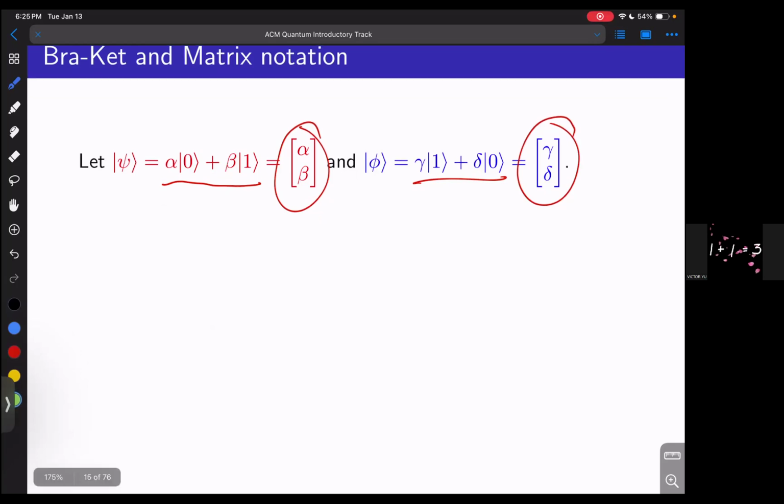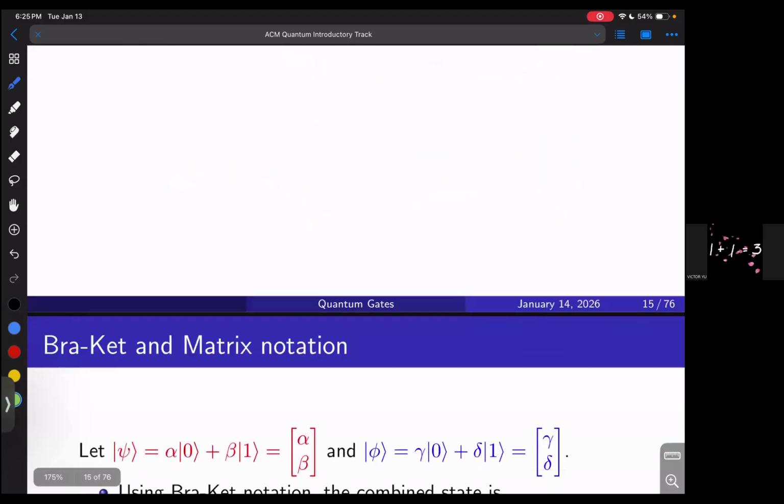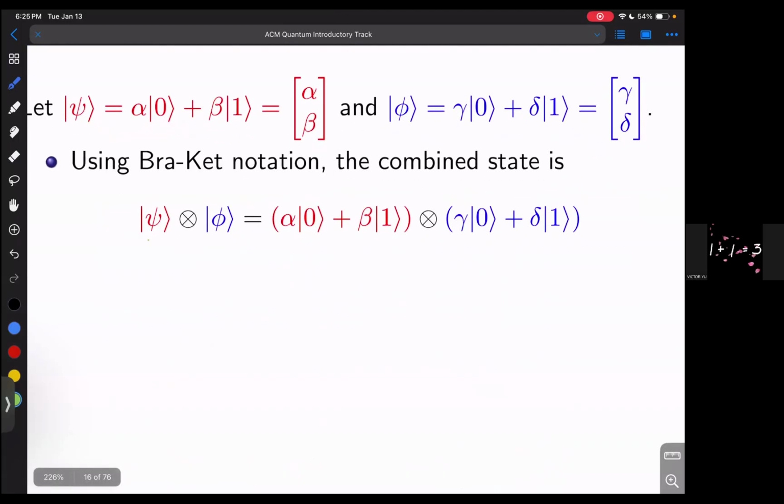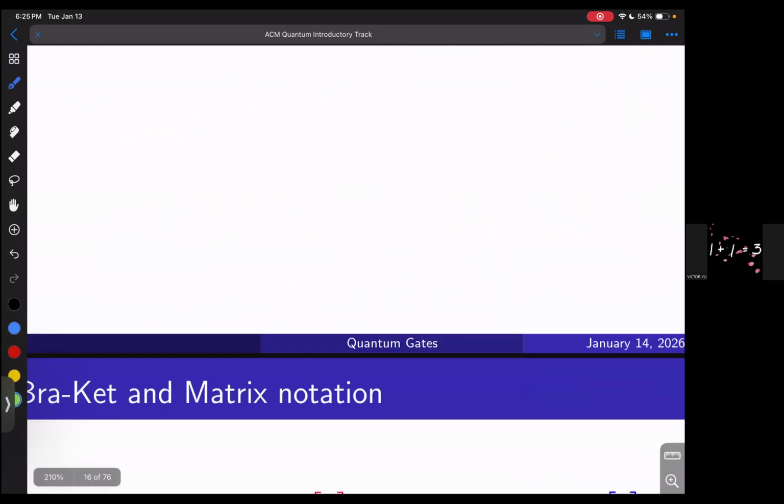How can we mathematically describe this joint state? First we're going to do it in the bracket notation that we used before. We take psi tensor phi, and here are their expressions: alpha 0 plus beta 1, gamma 0 plus delta 1. Then you just distribute them like a regular product.